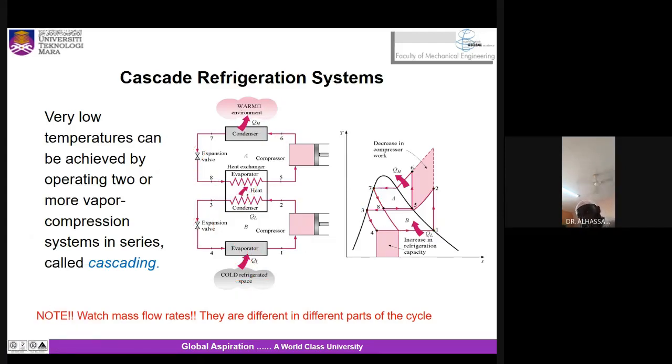So we will discover that the amount of energy being released by, let's say, refrigerator B, is absorbed by refrigerator A. The total amount of energy released by this will be equal to the amount of energy absorbed by this refrigerator.